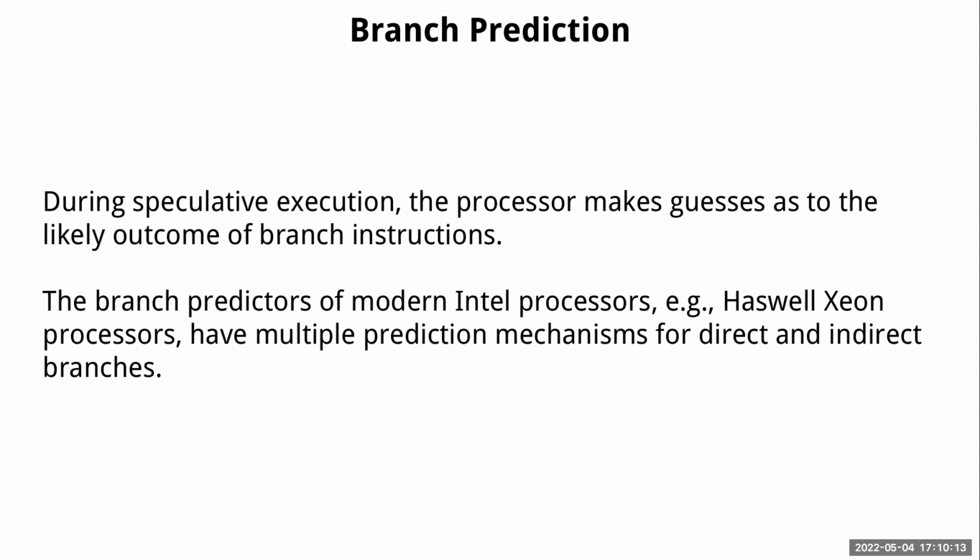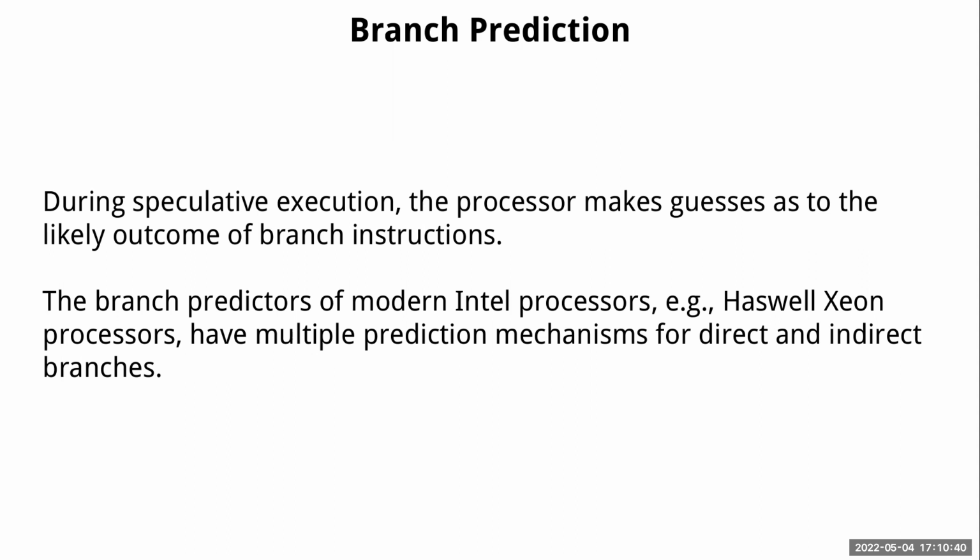There are many different mechanisms. We have seen several different kinds of Spectre vulnerabilities, and I'm going to show you later. The CPU has different mechanisms to handle direct and indirect branches.